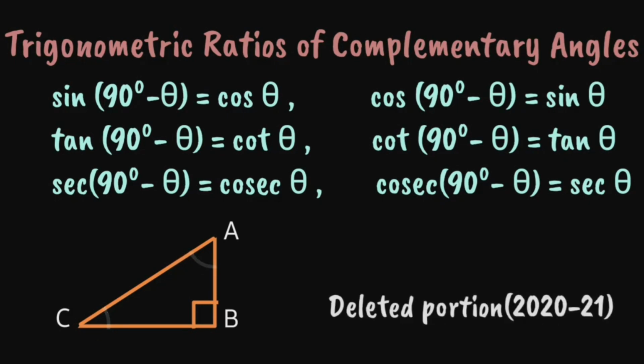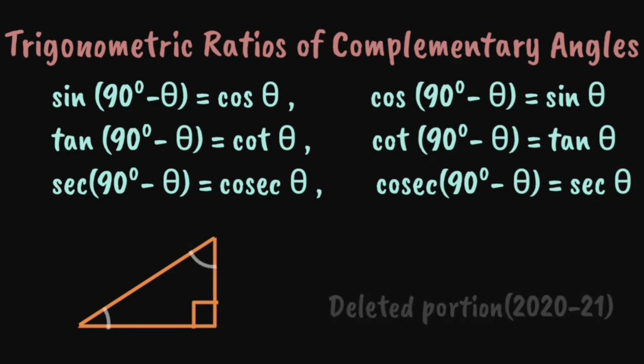What is the sum of these two acute angles? 90 degrees. Then the right angle is 90, so the total sum is 180, isn't it? So these two acute angles, whose sum is 90, are also called complementary angles.